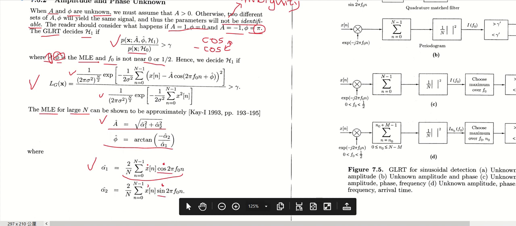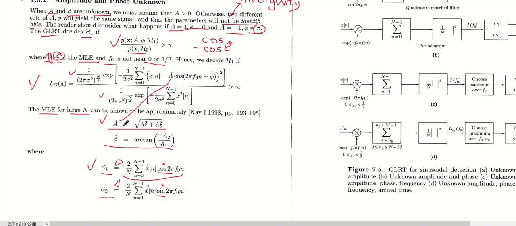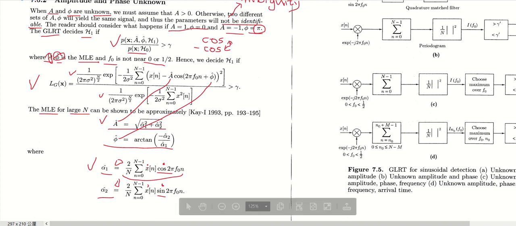As we said, there's a 90-degree difference in the phase. Alpha 1 and alpha 2 are defined this way, and then you use alpha 1, alpha 2 to calculate phi hat and A hat. Use phi hat and A hat to put it in, and then you get this P of X given A, phi, H1, and you get this P of X given H0 here, and then you do the derivation, you get this GLRT.